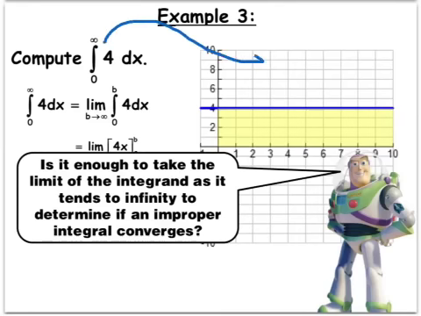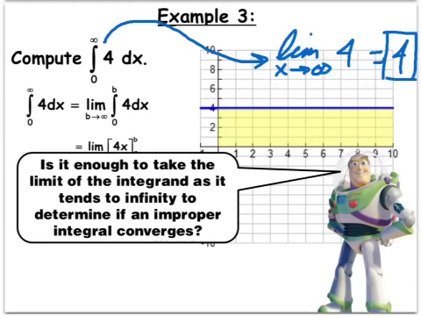Here's what I mean by the limit of the integrand, by the way. You could see here the limit as x goes to infinity of 4 is equal to 4. The graph does not taper off. The f of x stays at 4. In contrast, we had a different integrand for a previous example. The limit as x goes to infinity of 1 over x squared was one of the improper integrals we looked at.